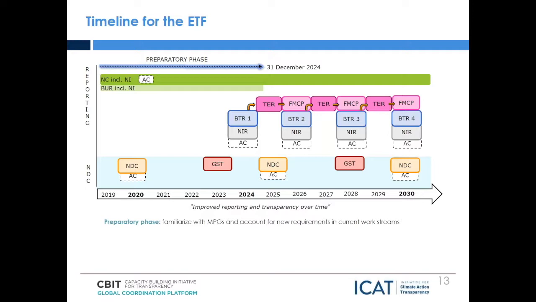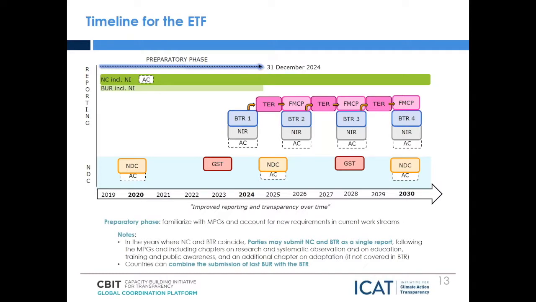So in this context, when it comes to connecting the dots, we already know from the decision of COP24 that it's possible to submit national communications and BTR when the submission date coincides, and this can be submitted as a single report following the MPGs and including some additional chapters on research, training and public awareness, education, systemic observation, and so on.